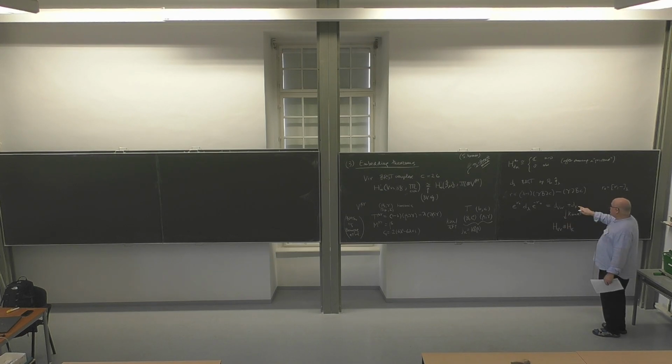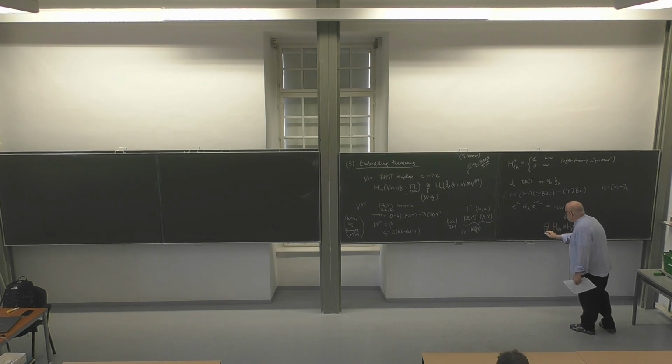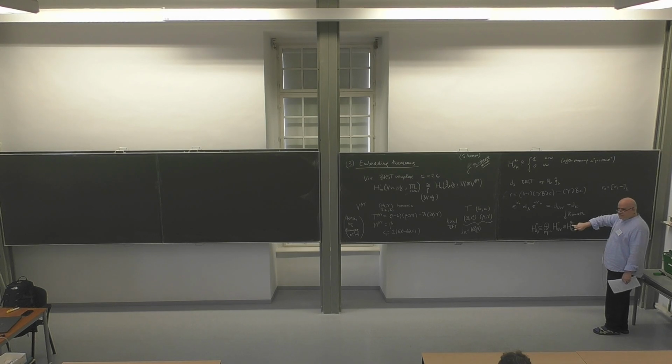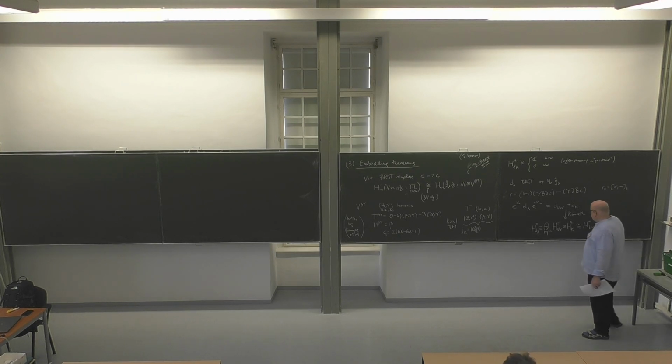But this only has cohomology in degree 0. So H^n of d_lambda is isomorphic to the sum over p plus q equals n, but this is only non-zero when q is 0, so it's really isomorphic to H^n. Anyway, so that's one of the embedding theorems.